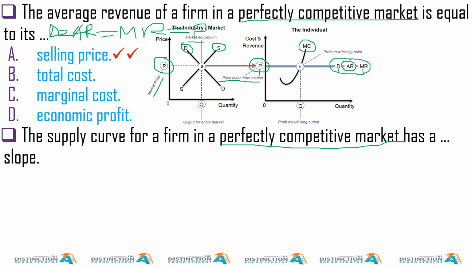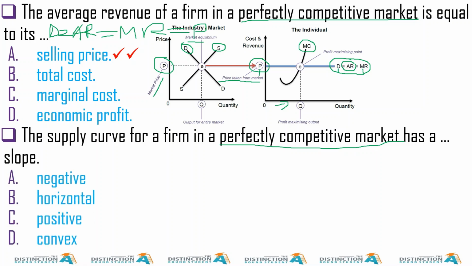How is it sloping? Do you think it's sloping negatively? It doesn't make sense, because going up, we're going from 0 upwards. So as you go up, does this look like negative? No. So it looks like it's going up. So the answer will obviously be positive. It's a positive sloping supply curve.